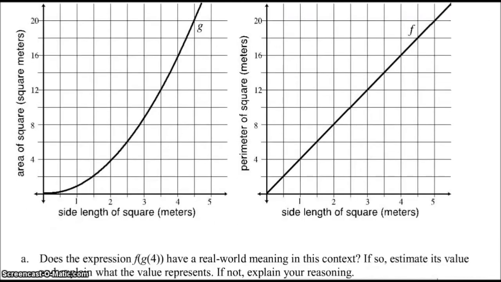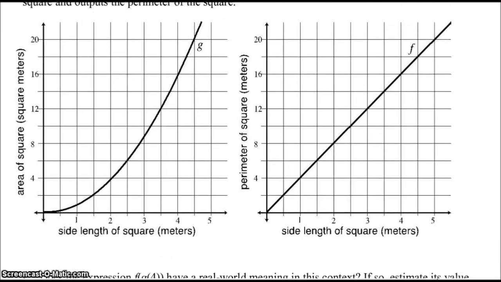Notice that we do have a perimeter here. That's the output of f. So if we know the perimeter is 4 meters, then we can look and see that the side length would have to be 1.